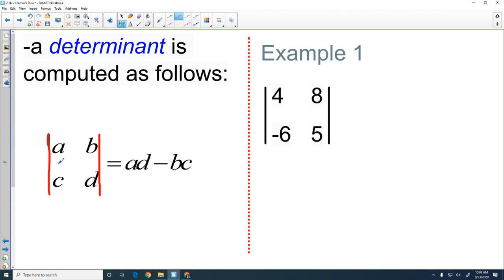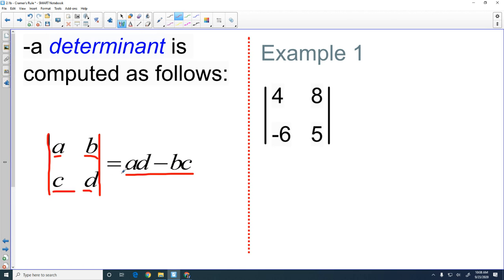It's around four different numbers, which I've generically labeled A, B, C, and D. They could be any four numbers, positive, negative, zeros, one digit, or a 200-digit number, whatever. Once you've got the numbers set up in this 2x2 grid, you calculate the determinant by this simple equation.